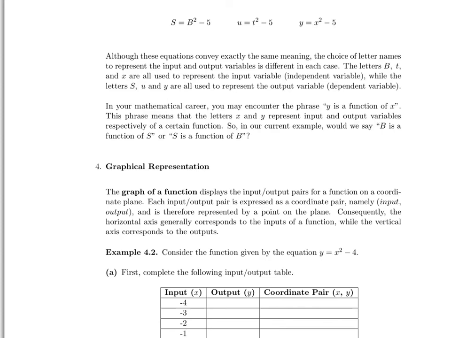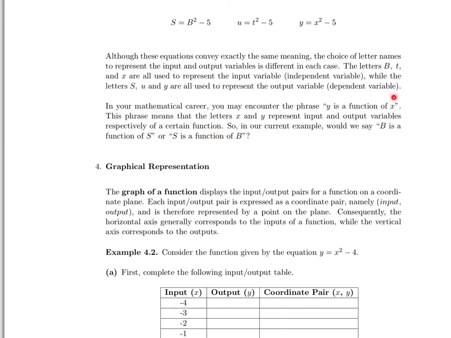In your mathematical career, you may encounter the phrase, y is a function of x. So let's talk about what that means. The phrase means that the letters x and y represent the input and output variables, respectively, of a certain function.